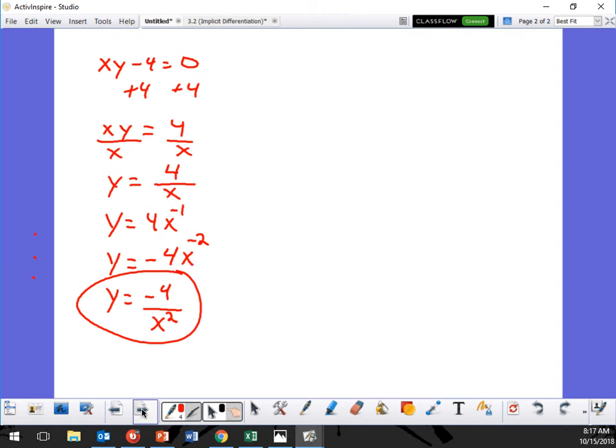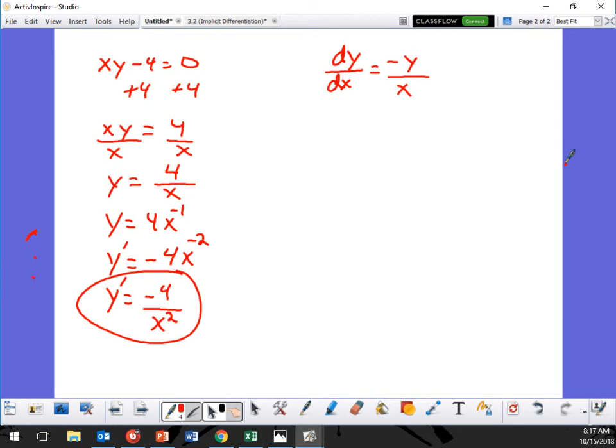All right, because this would be a y prime right here. Yeah, I forgot to notate that one. So when I took the derivative, I had to change that to a y prime. All right, so I have dy/dx is equal to negative y over x.